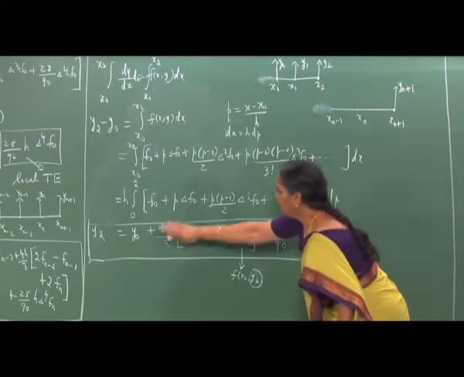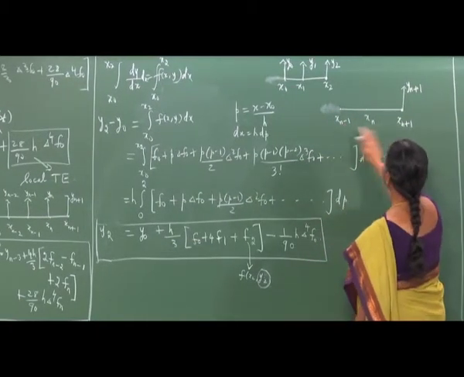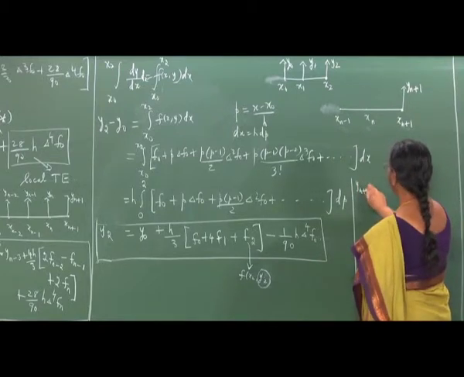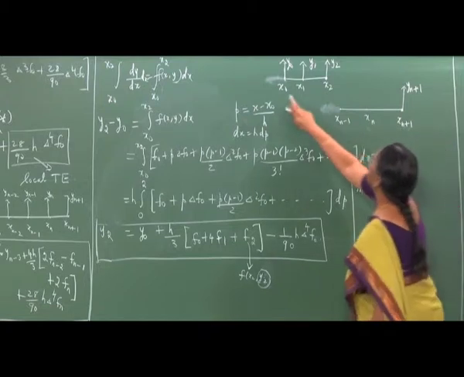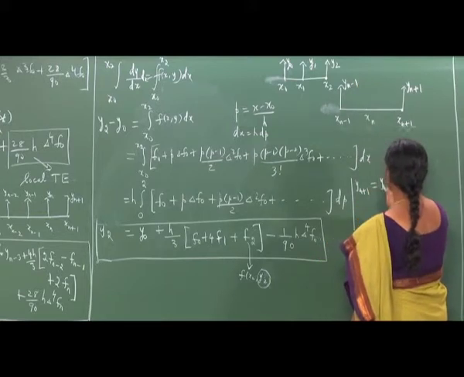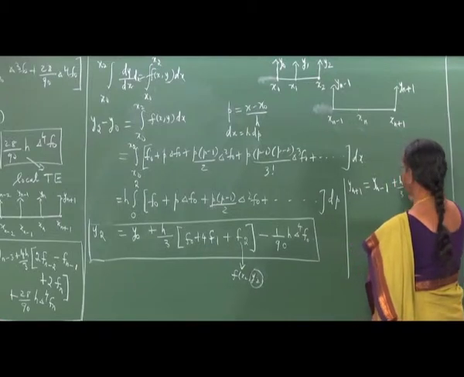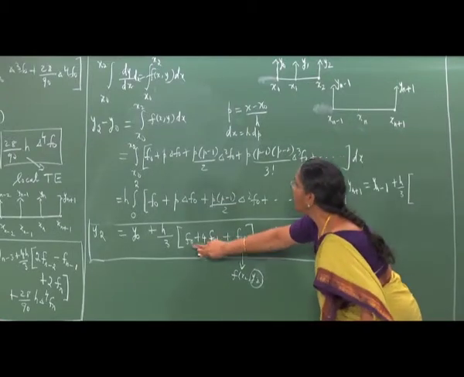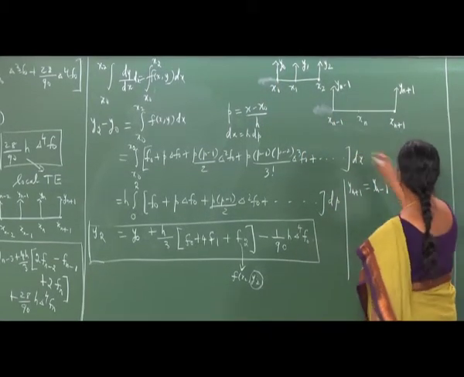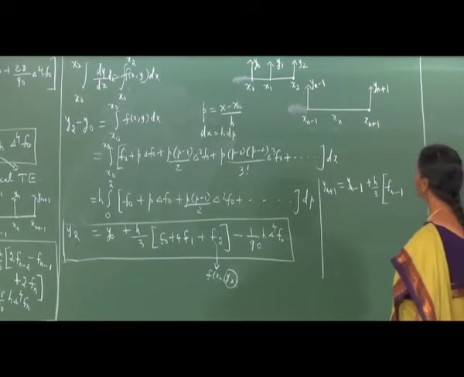If I want to generalize this to a result involving these 3 points, then the method tells me yn plus 1 is equal to y naught, which corresponds to the solution yn minus 1, then plus h by 3 into f naught, which is the solution here. So, it is going to be f of xn minus 1 yn minus 1. So, I call it fn minus 1.